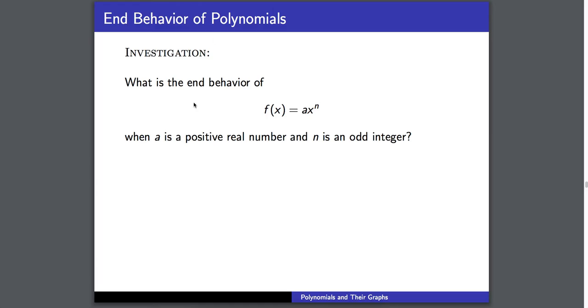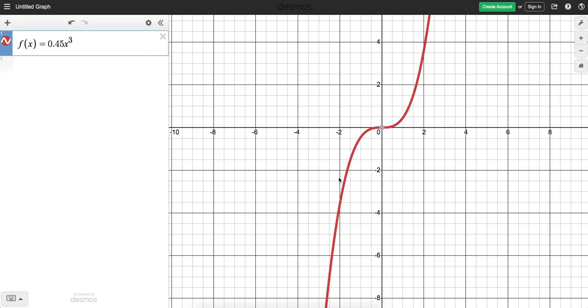So the graph goes up as we go to the right and down as we go to the left. As x goes to negative infinity, our y values also go to negative infinity. The further to the left we go, the further down our function goes.